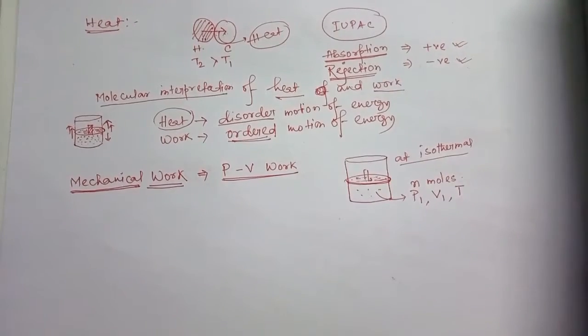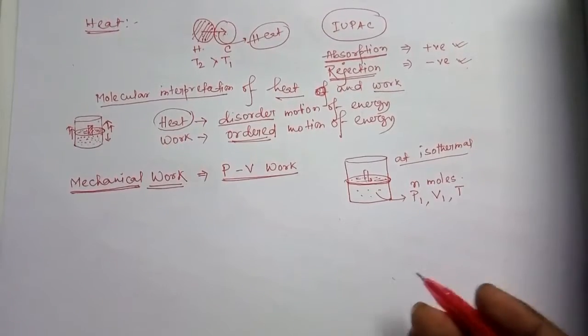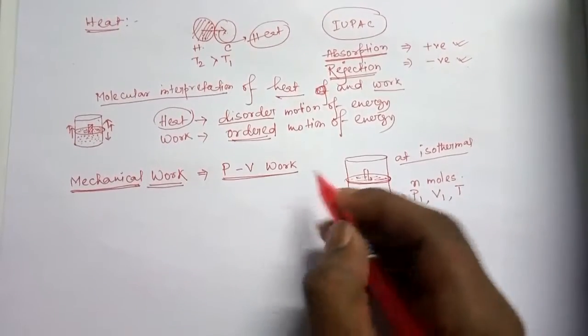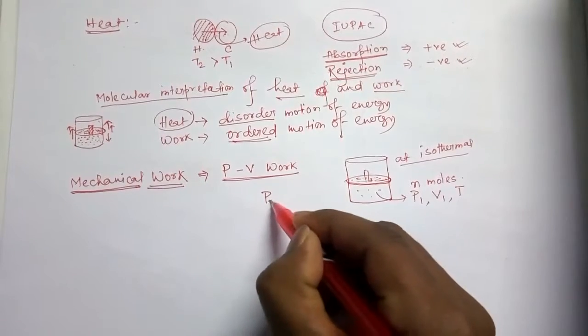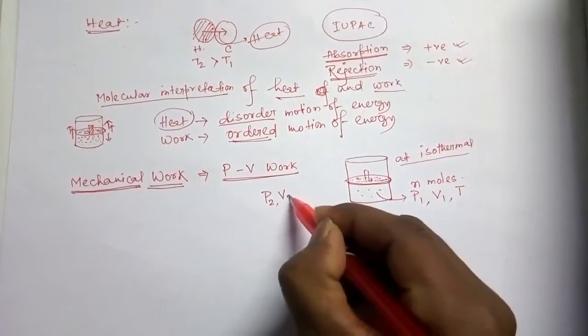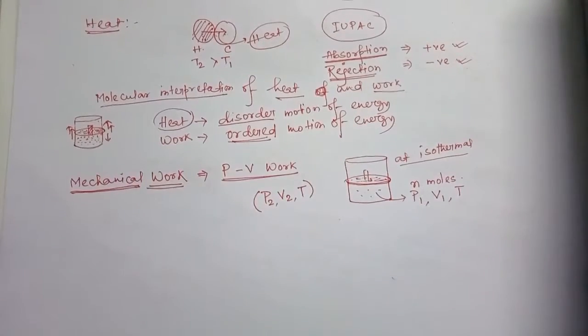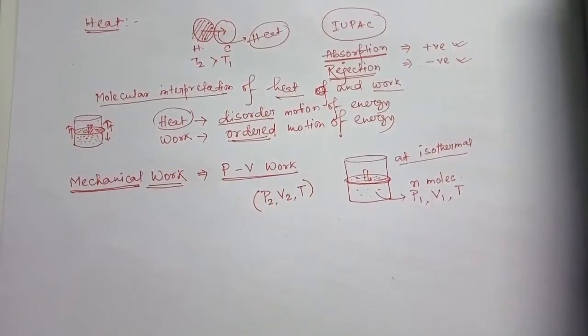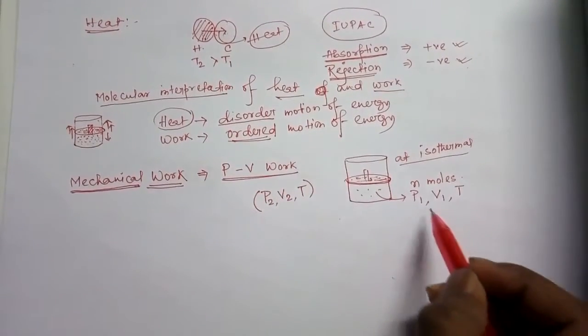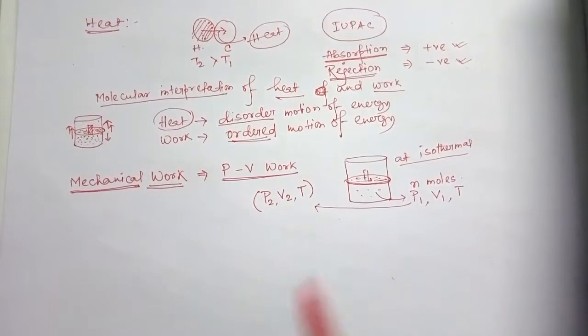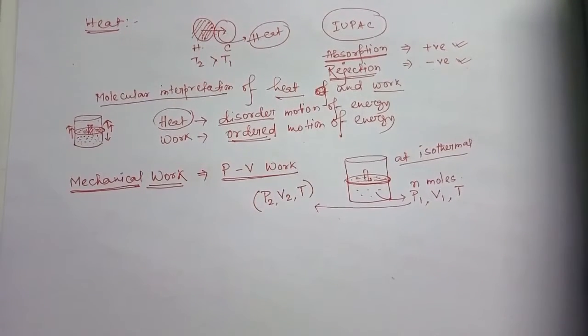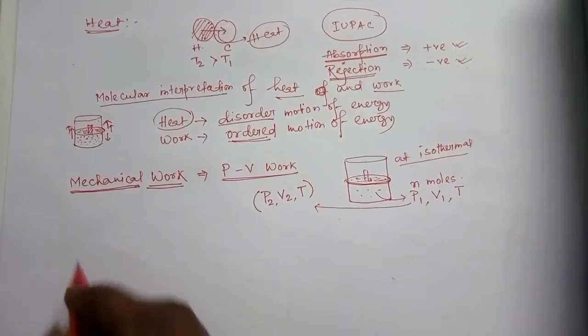For the final state, the pressure is P2, volume is V2 and temperature is T. Now the change from P1 V1 T to P2 V2 T occurs via a reversible way or an irreversible way.